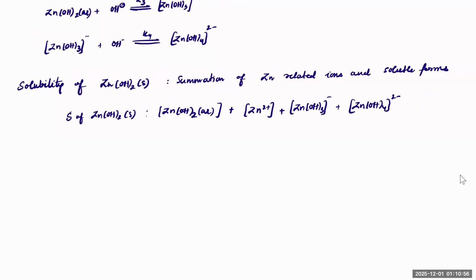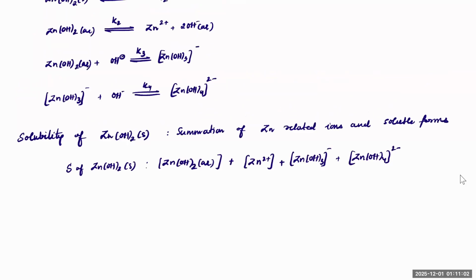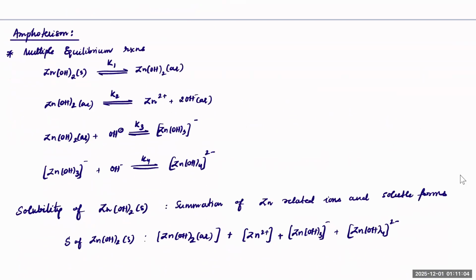Now, how do we replace these terms in terms of OH- or H+ and other terms? First, K1 is simply the Zn(OH)2 aqueous concentration divided by Zn(OH)2 solid, because the solid concentration is 1.